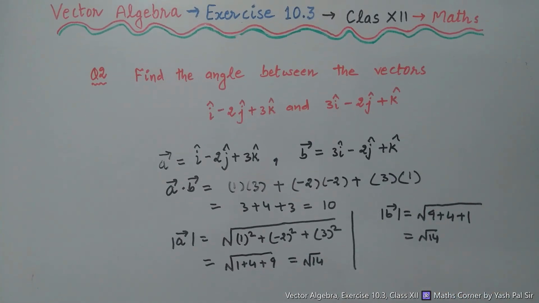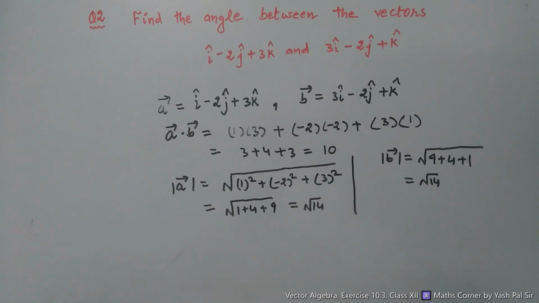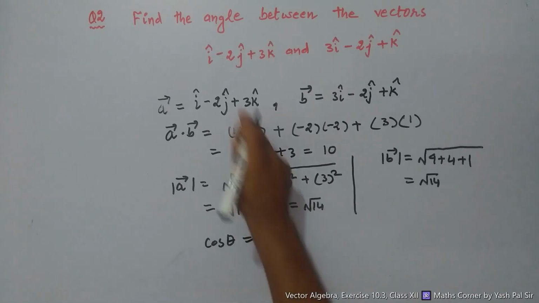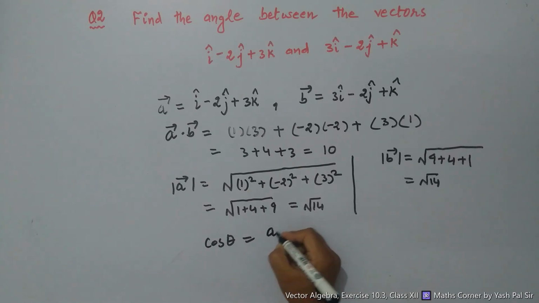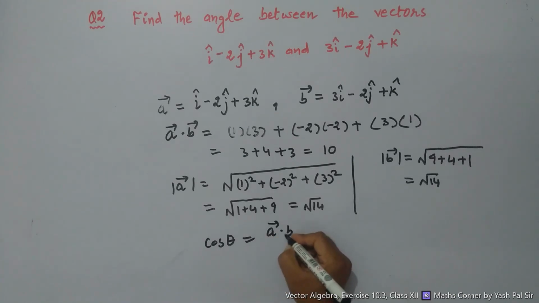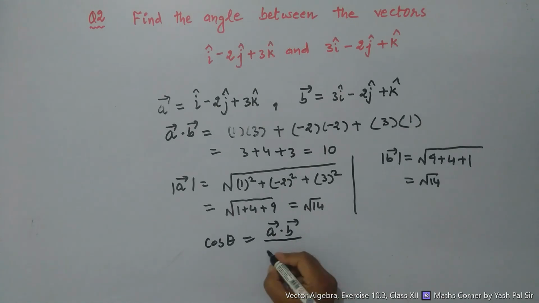Right? Now what is the question? The question is to find the angle between the vectors. So suppose theta is the angle between A and B. We can write the formula: cos theta is equal to the dot product of A and B divided by the product of their magnitudes.